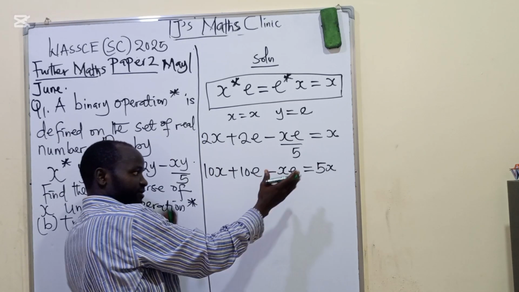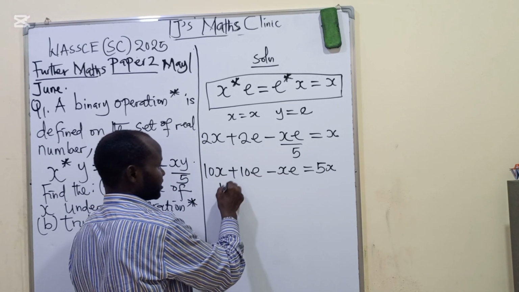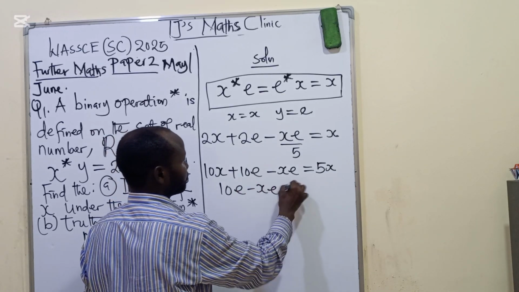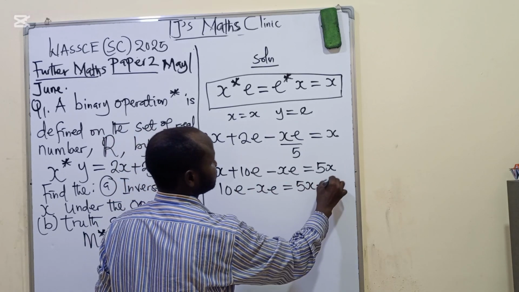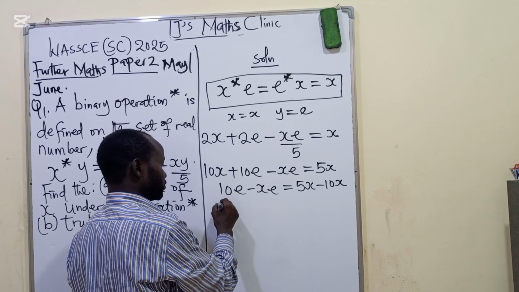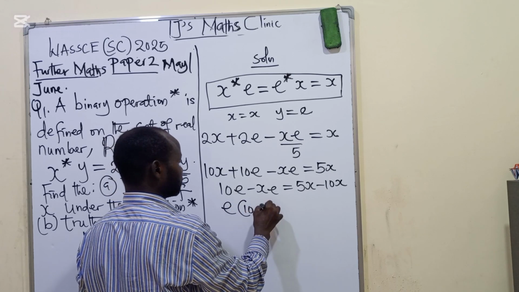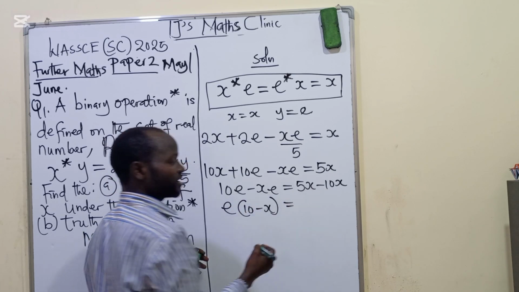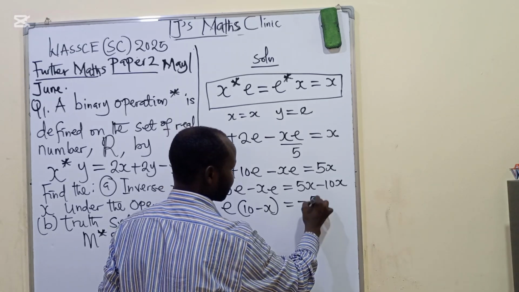Let's collect the terms and leave the identity element on the left. So this will be 10e minus xe equals 5x minus 10x. The identity element is common, let's factor it. That will be e times (10 minus x) equals 5x minus 10x, which is -5x.